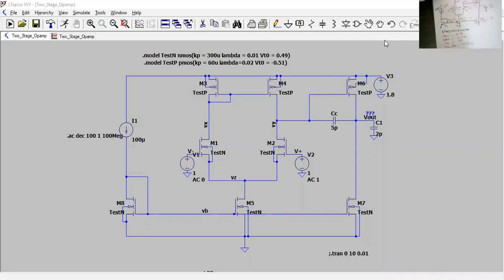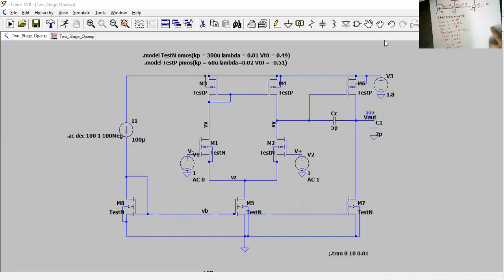If we want to remember the specifications that we had earlier, we were aiming for a 60 dB gain, a 30 megahertz gain bandwidth, and the supply voltage is 1.8 volt. We have a slew rate of 20 volt per microsecond and an input common mode range from 0.8 to 1.6 volt.